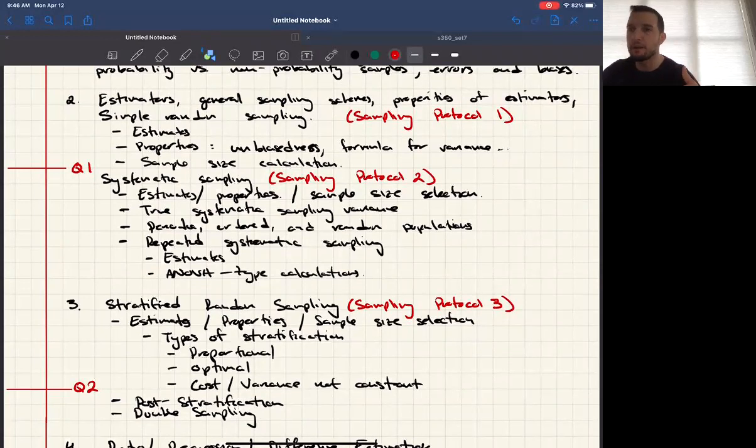You can expect to see at least one proof. You can expect to see at least one compare and contrast definition style question. And then the majority of the questions will be those traditional ones: compute the estimate, find the bound, discuss the properties of the estimator, the things that we have done throughout the semester.